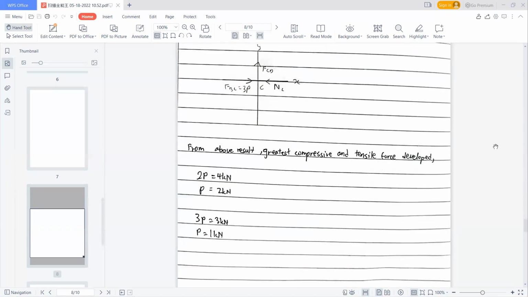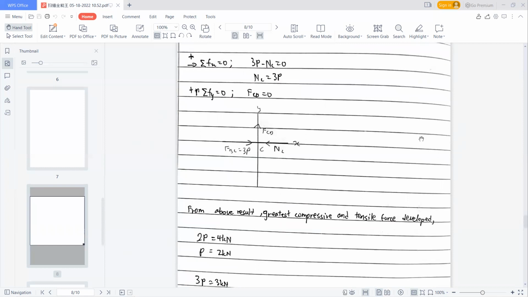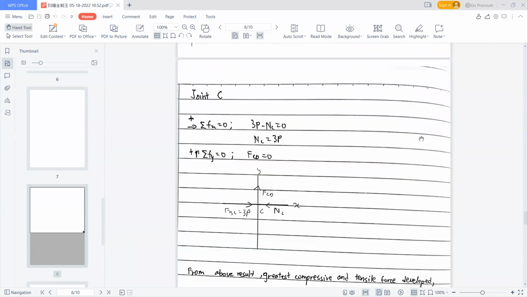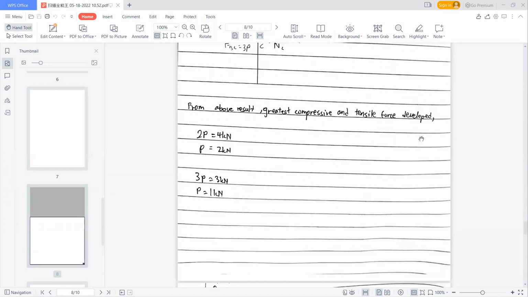So from the above, we know that compressive and tensile forces develop. The tension is equal to 4 kilonewtons, which is 2P.